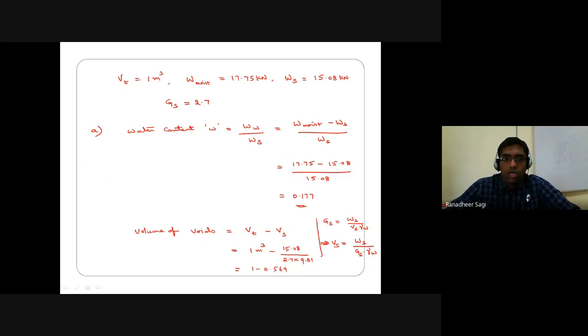So therefore, the volume of voids that exist in that particular 1 meter cube volume of the soil, which we indicate as Vv, comes out to be 0.431.